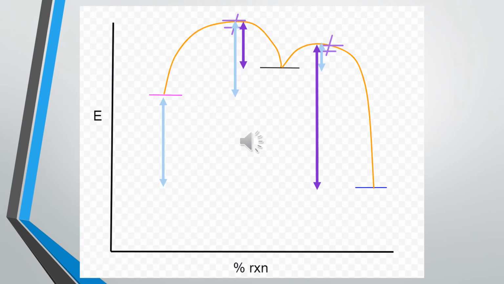Let's take a closer look at that last diagram and see if we can identify what these arrows mean. Let's read this from left to right, and I want you to see that first gray arrow. What does that first gray arrow represent? If you said that that is the heat of reaction, the delta H reaction, you're more or less correct.